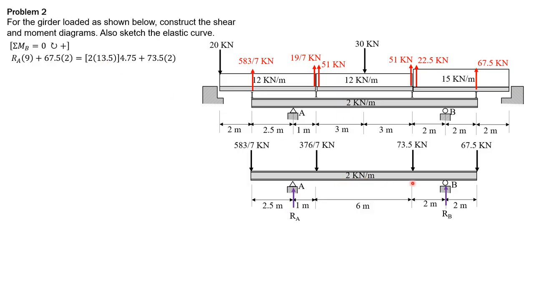Then the moment arm is 13.5 over 2, 6.75. 6.75 minus 2 is 4.75.